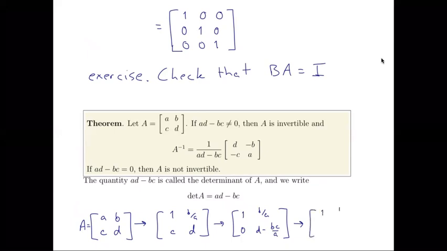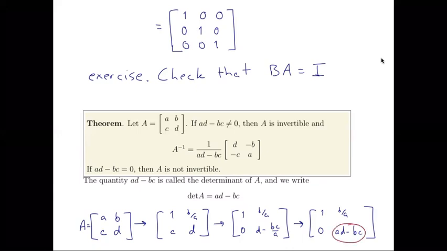We have 1, b over a, and then multiply the second row by a, just so we have something that looks like this, ad minus bc. Okay, so once we look at this and realize this is the row echelon form of A, it's not the reduced echelon form, but we don't need to go that far because we can make some inferences about this.